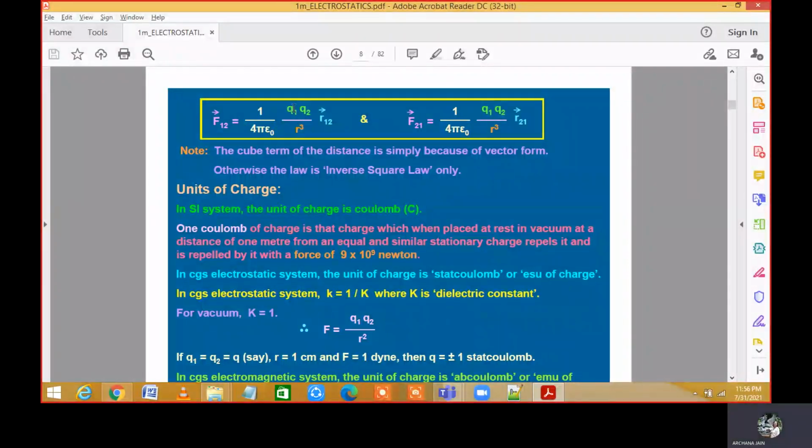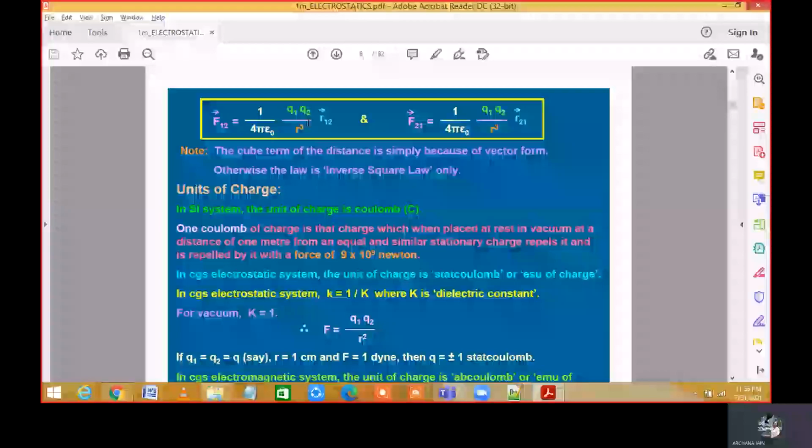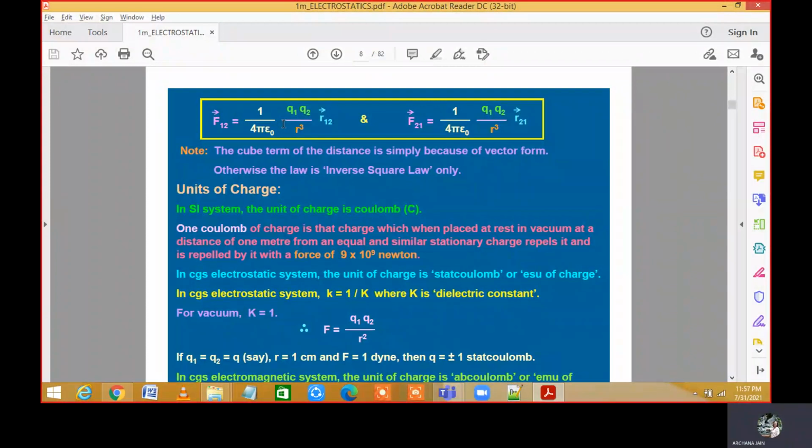If we take q1 as 1 coulomb and q2 also 1 coulomb, and the distance between them is 1 meter, R is 1 meter, Q1 is 1 coulomb, Q2 is 1 coulomb, then the value of F12 becomes 9 into 10 to the power 9, because the value of 1 upon 4 pi epsilon naught is 9 into 10 to the power 9.